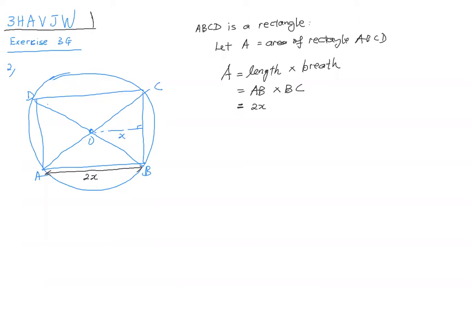So what is the diameter of a circle? Which one is labeled as the diameter of the circle? Christopher, can you please tell me? The diameter of the circle is the longest chord in a circle that passes through the center.